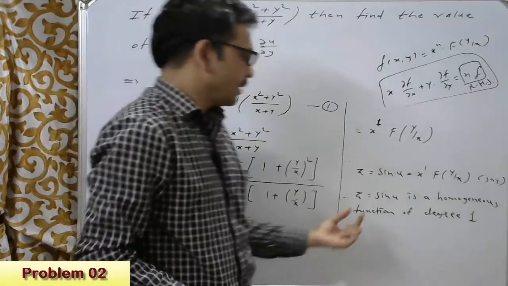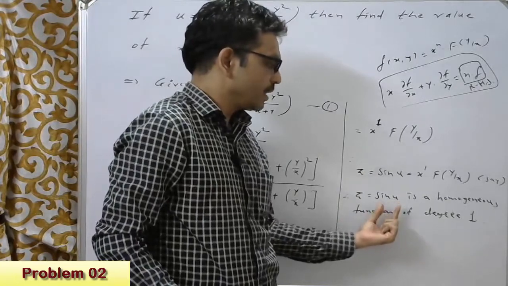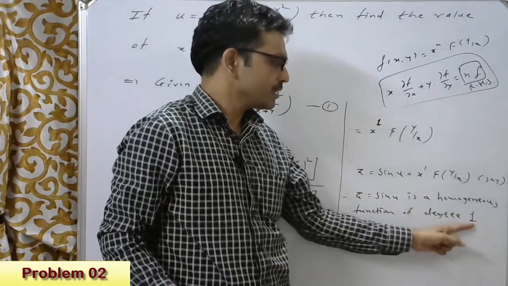Therefore here z is equal to sine u, which is a homogeneous function of degree 1.